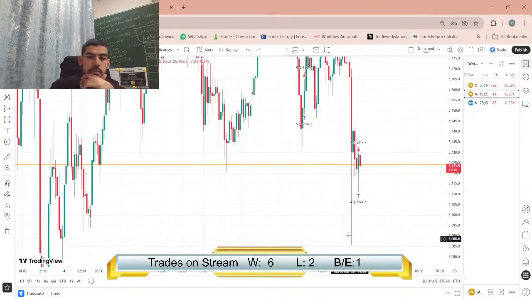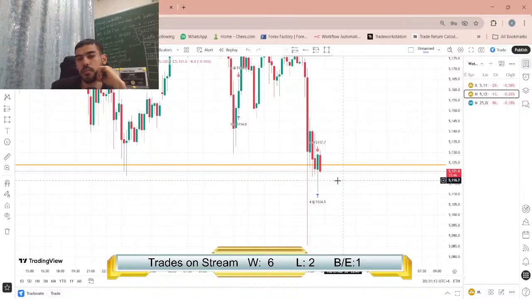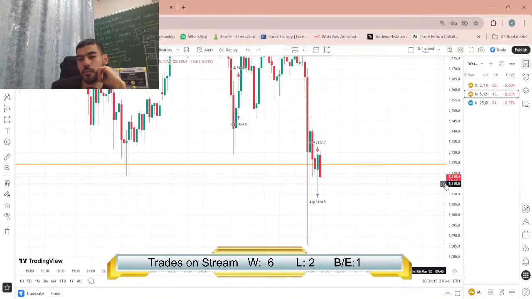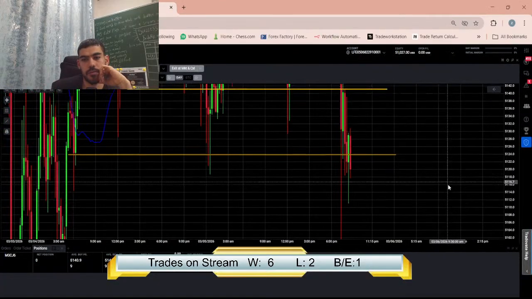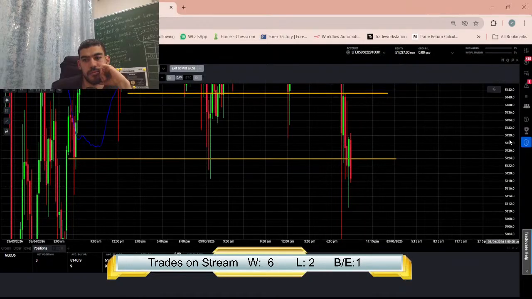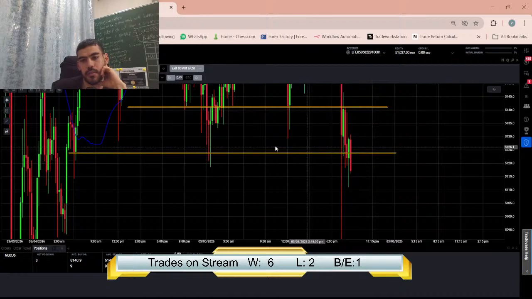That's why it stopped me out, because the volume was waiting for this 30-minute candle. That's why there was no volume. Yup, look, now it's moving down.